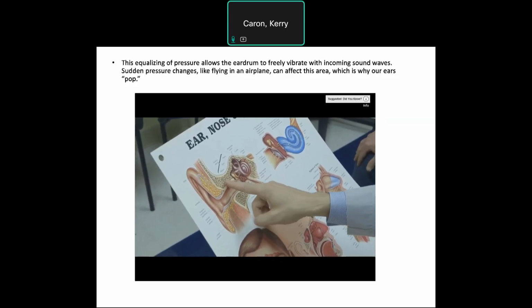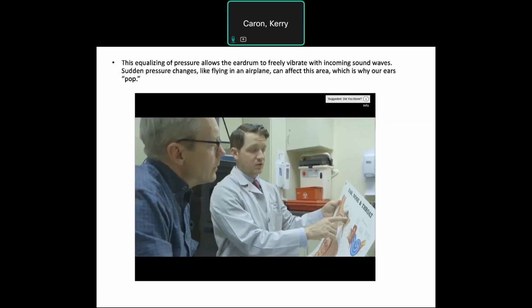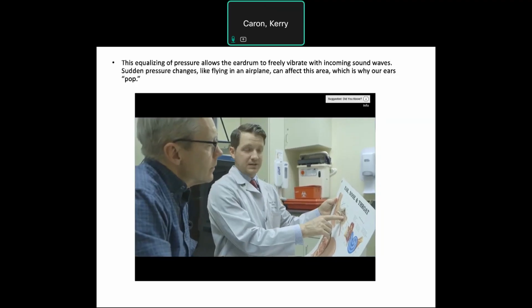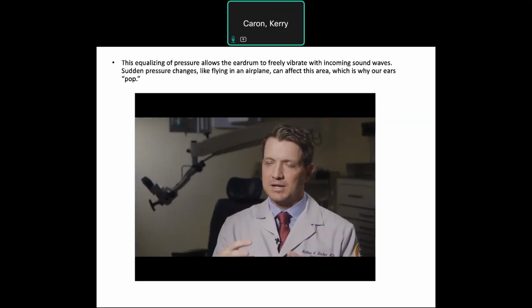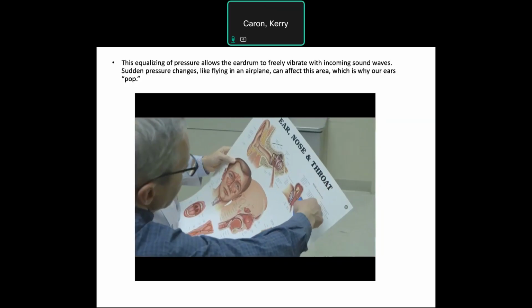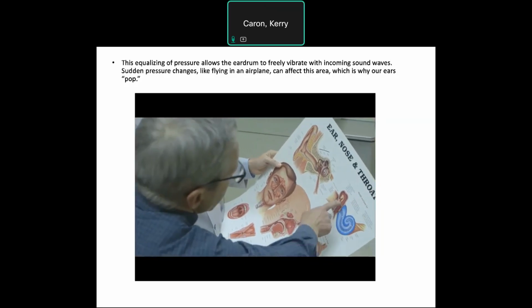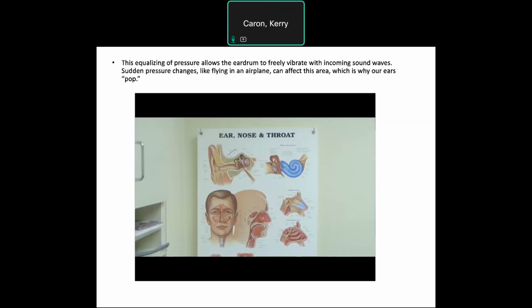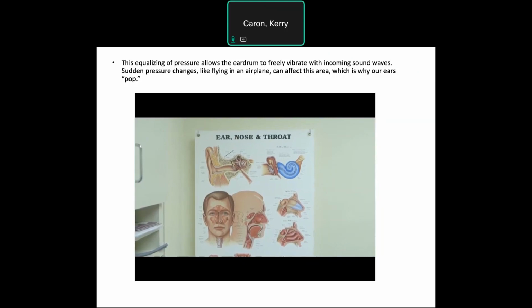When we go up in a plane, the cabin pressure is changing, and suddenly the pocket of air underneath our eardrum is either too small or too large, and it pushes our eardrum out or sucks it down. What that popping is doing is forcing air up your eustachian tubes underneath your eardrum, allowing your middle ear pressure to equilibrate to the cabin pressure, and then suddenly your ears feel better.